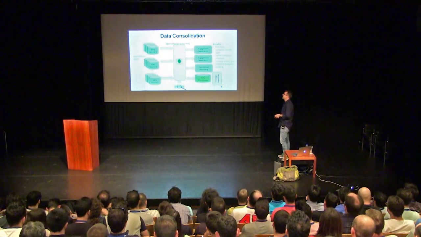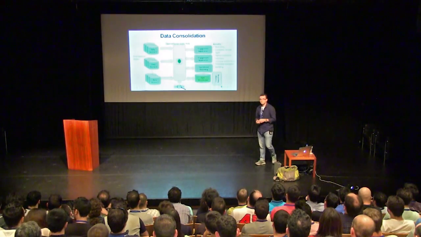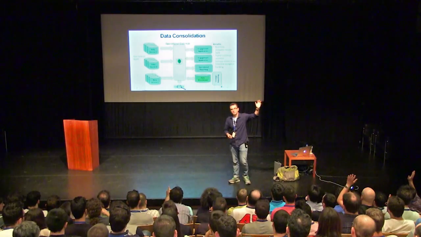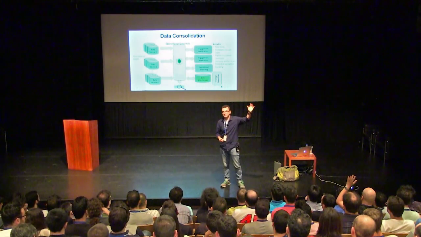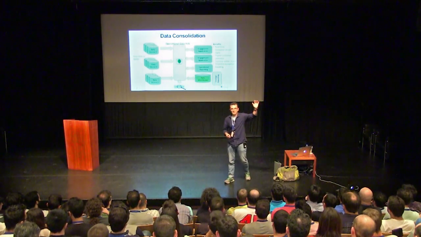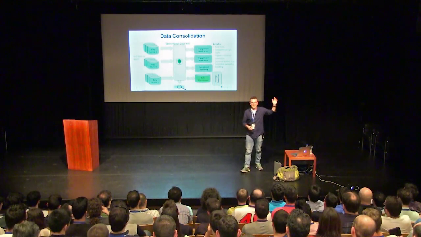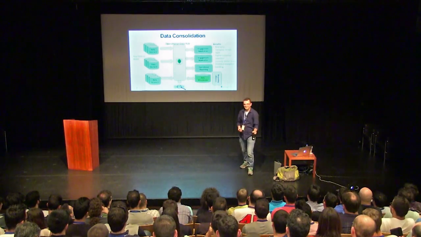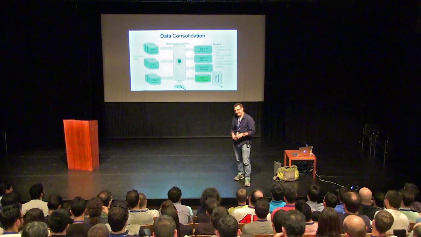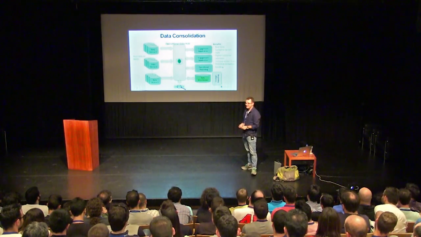A few examples, like data consolidation. Who here works for a big organization? When I say big, I mean bigger than BES, for example. Bigger than Banco Espírito Santo. No one? They are quite small these days. They went bankrupt. So if we have a job, we probably work for a bigger organization.